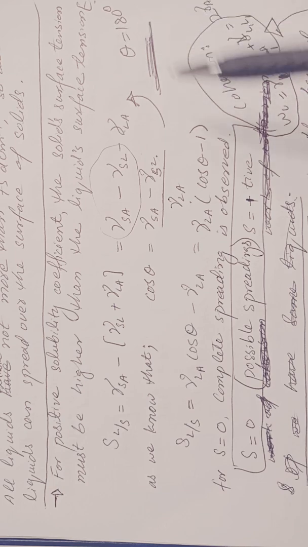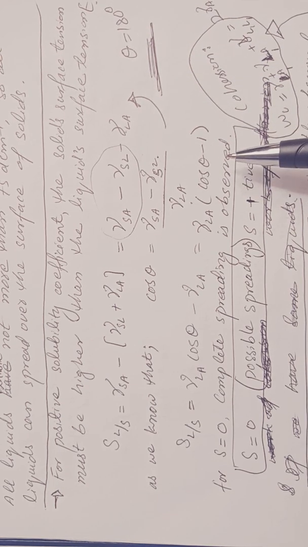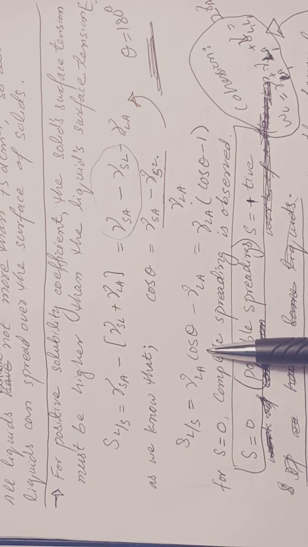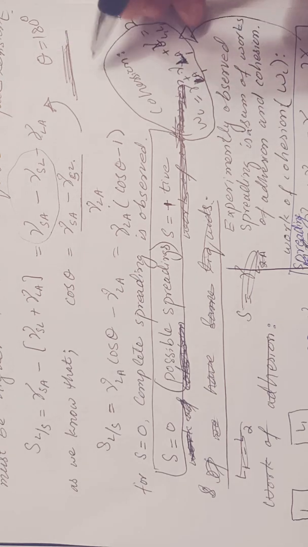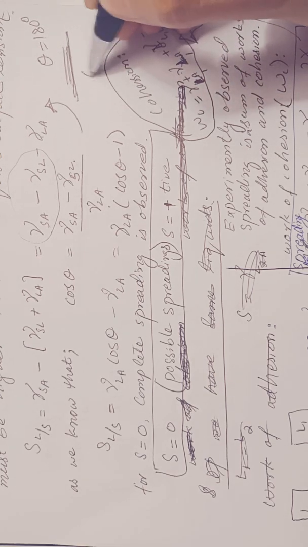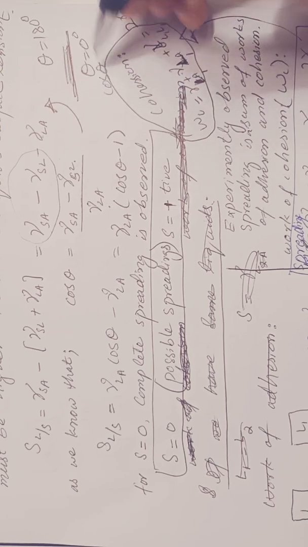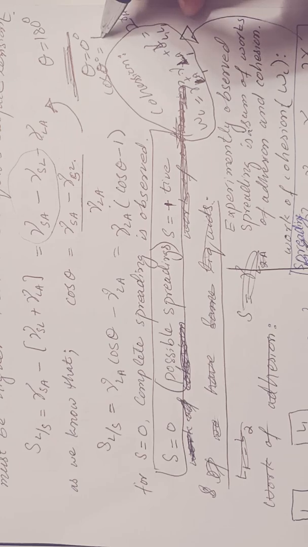So for 180 degrees, cos of 180 is -1, but it's more appropriate to call this angle 0 degrees. That is, the cos of 0 is 1.